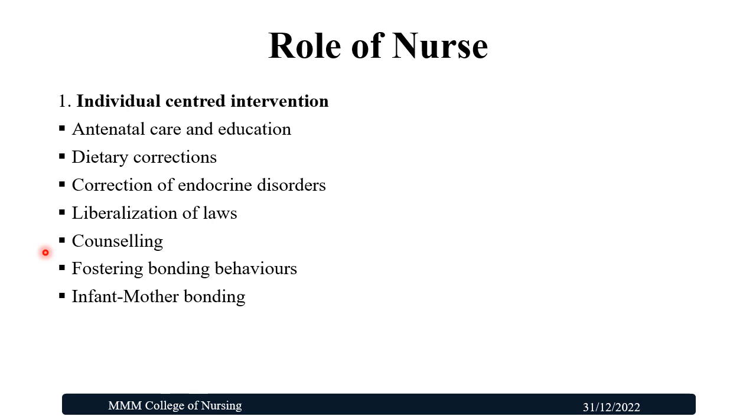The parents need to accept and emotionally support the child and be satisfied with limited goals in the field of achievement. Fostering bonding behaviors, explaining importance of warmth, accepting intimate relationship, and avoiding the prolonged separation of mother and child.